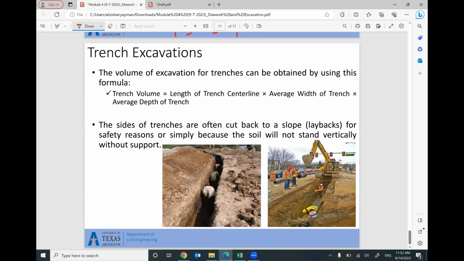The last point, it's a piece of cake. Trench excavation. If you would like to excavate a trench like this one, it's very easy to figure out the trench volume. Just multiply the length of the trench, this total length, by the average width.